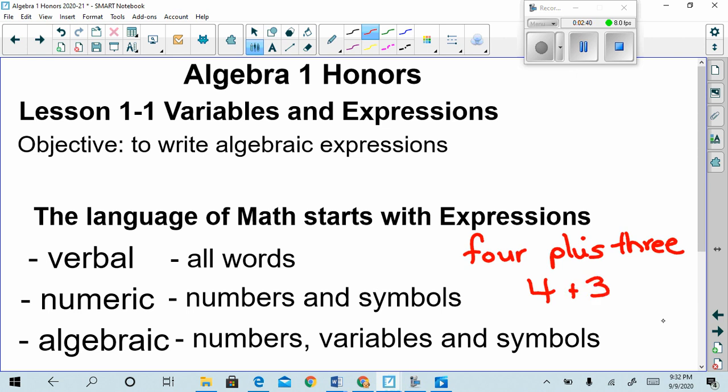And then we could change this to algebraic by replacing one of these numbers with a variable. So these are our three types of expressions that we'll deal with. In some cases, we'll be translating them. In other cases, we'll be simplifying using order of operations. And in the third type, we will be evaluating.